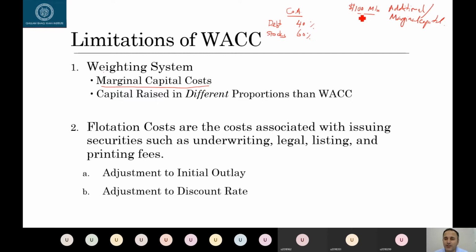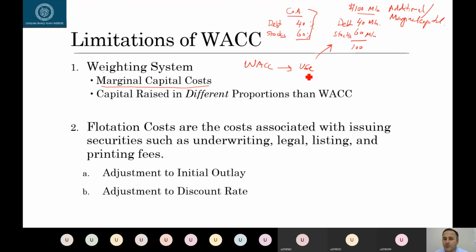So if you raise the additional capital in the same proportion, so for example, you raise $40 million from debt and $60 million from stocks, then of course, whatever you calculated is a WACC, you can use it. You can use WACC in this situation, because by raising $40 million out of 100, you are not disturbing the initial proportions. You are working with the same proportions.